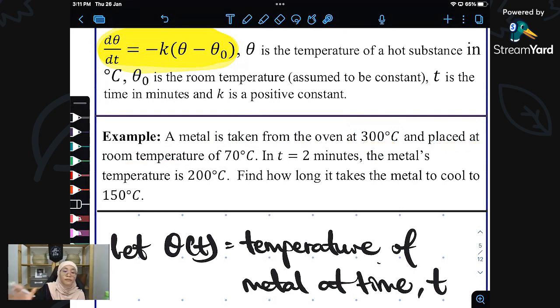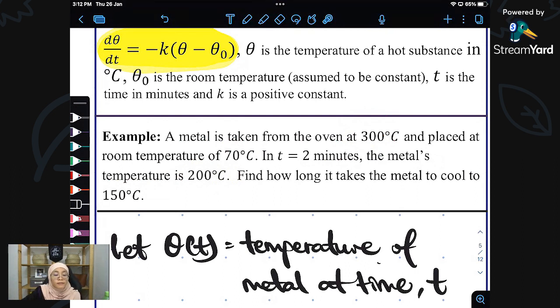Biarkan dalam room temperature of 70 degrees Celsius. Okay, room temperature kita 70 degrees Celsius. So dalam masa 2 minit, the metal's temperature is 200 degrees Celsius. Okay, dah makin berkurang daripada 300 degrees Celsius menjadi 200 degrees Celsius.